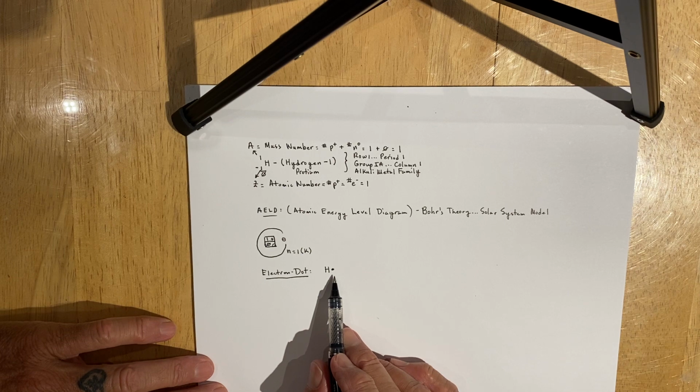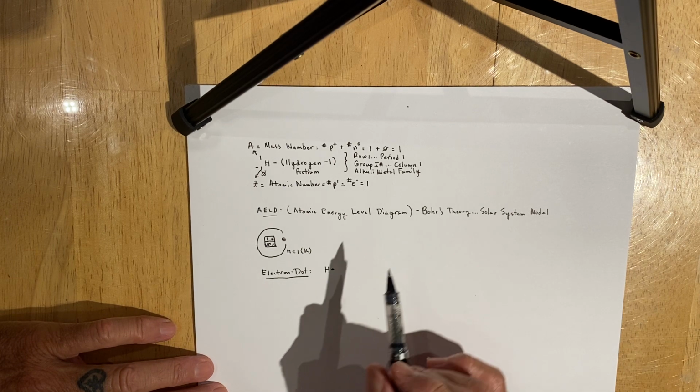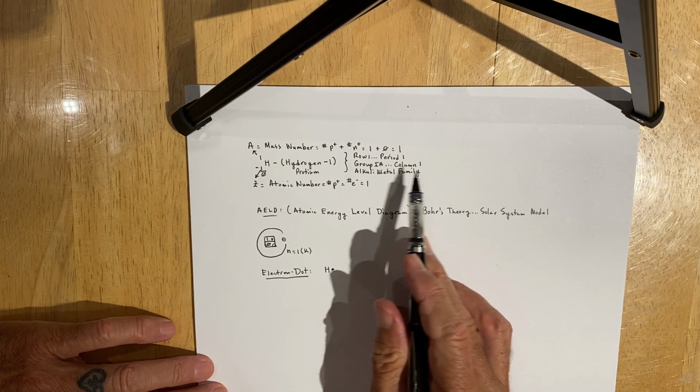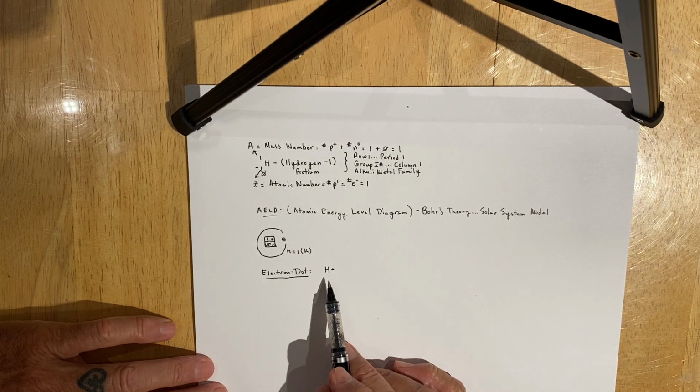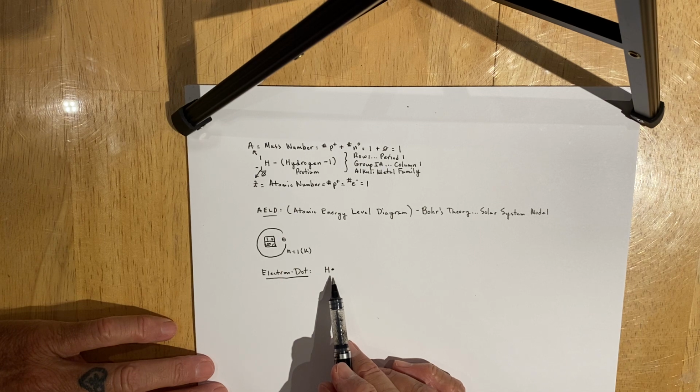This has everything to do with why hydrogen is positioned in group 1 or column 1 of the periodic table, because it's got 1 valence electron. And all the elements in column 1, hydrogen, lithium, sodium, potassium, rubidium, cesium, and francium, all have that one characteristic in common, that they have 1 valence electron.